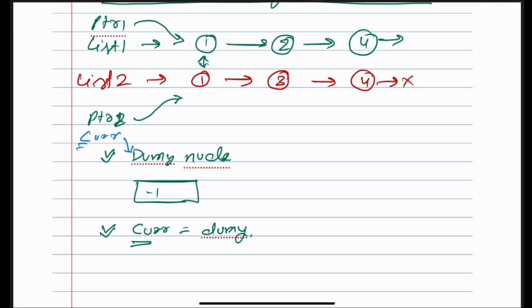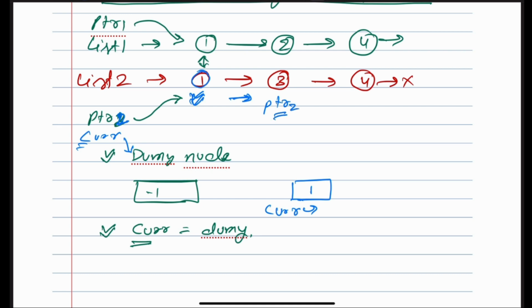Just assume that we are taking the node from the linked list 2. So create one node with value 1 and your current is pointing to this new node. Because we have already consumed this node, we will move pointer 2 to the next node.